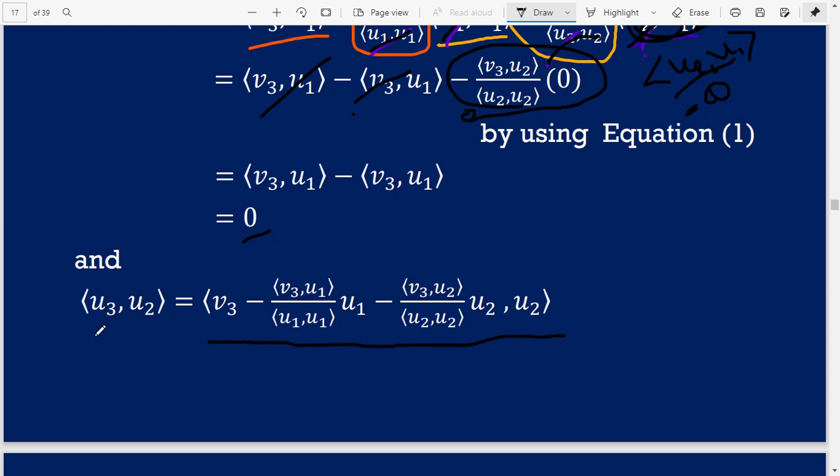Now inner product U3 with U2 is equal to, putting the value of U3, inner product with U2.